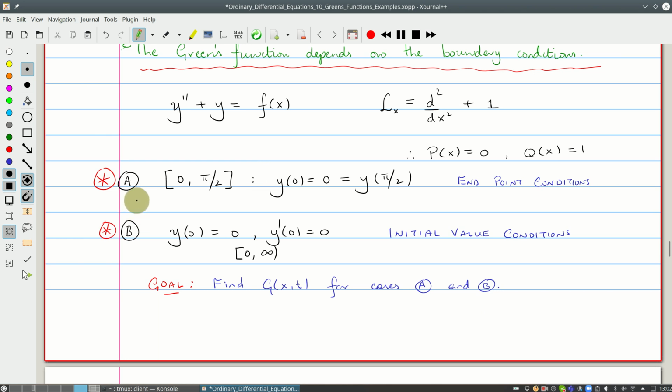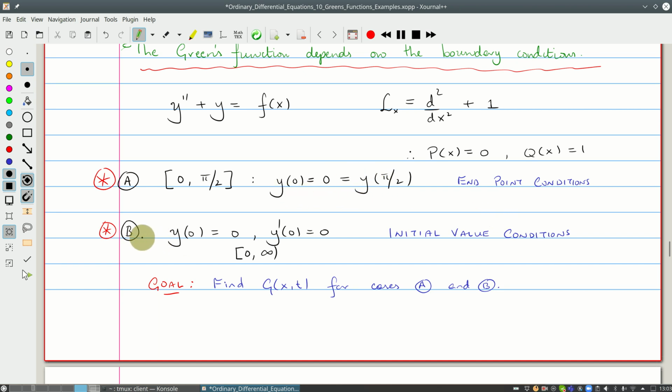Right, so we're going to solve this in two cases. The first case is we're going to choose our range from 0 to pi over 2, and our boundary conditions are the endpoint or homogeneous boundary conditions, where y is 0 at 0 and y is 0 at pi over 2. So y is 0 on both the boundaries.